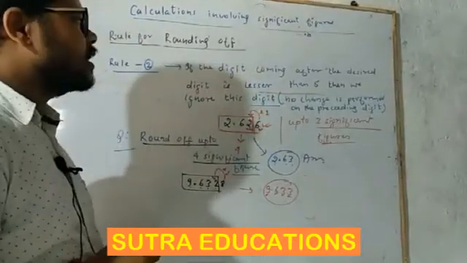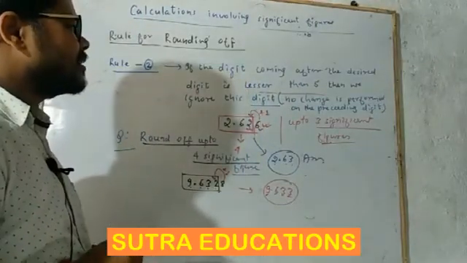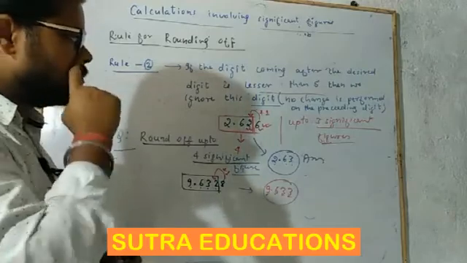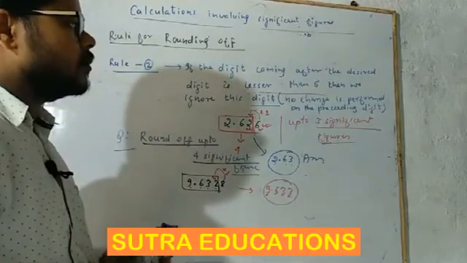If the digit coming after the desired digit is lesser than 5, then we ignore this digit, means no change is performed on the preceding digit.